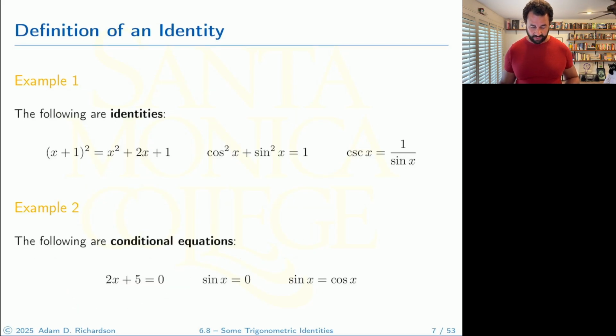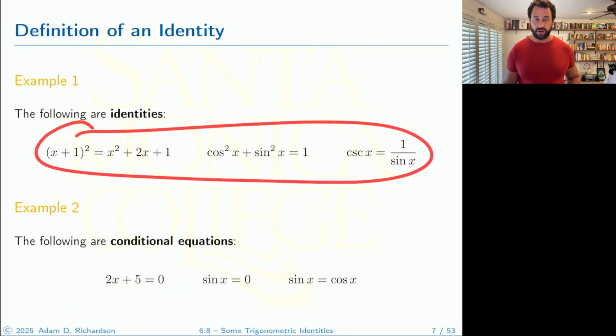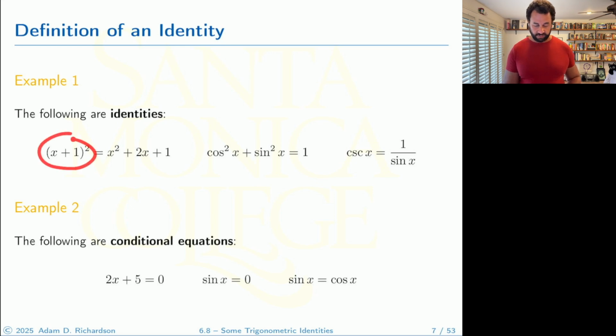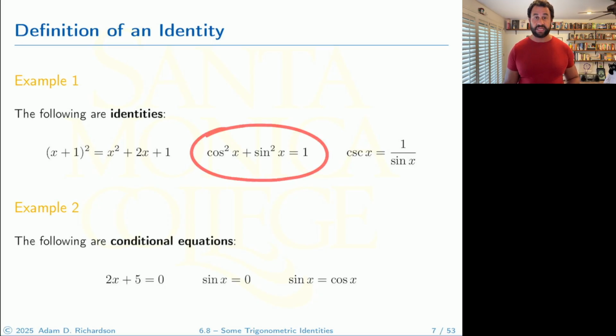So here are some examples right here. These three things are identities. x plus 1 squared is identically equal to x squared plus 2x plus 1. It doesn't matter what x is, this equation holds true for every single value of x. Here's another one. This is that Pythagorean identity, which we're going to talk about in a moment.